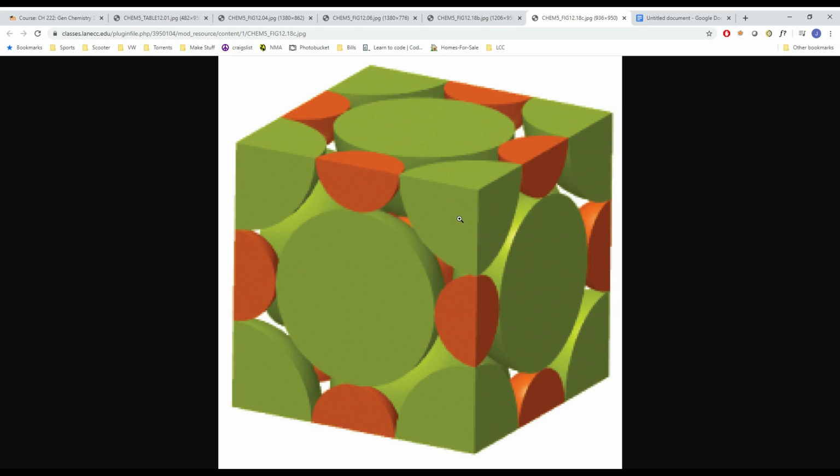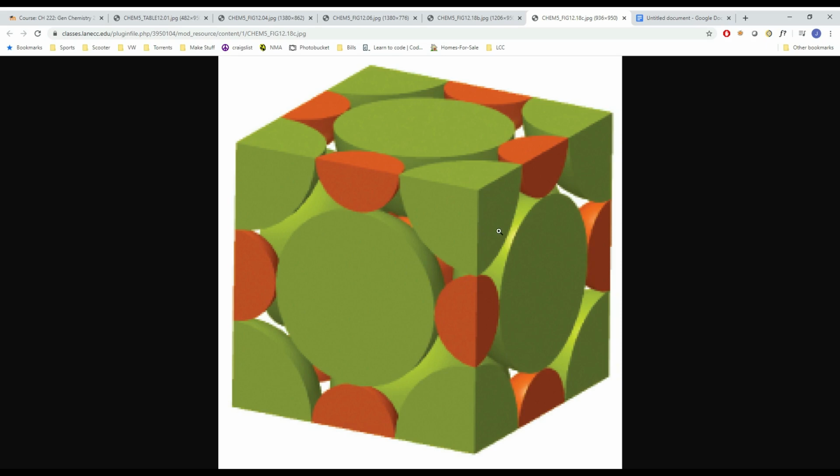Well, if it's on the middle of the face like this, that is half of a sphere. That is half of a chloride, okay? If it's on the edge like this, that's a quarter of whatever it's supposed to be. So this is a quarter of a sodium right here. And if it's on the corner, it is 1/8 of the sphere that it's supposed to be.